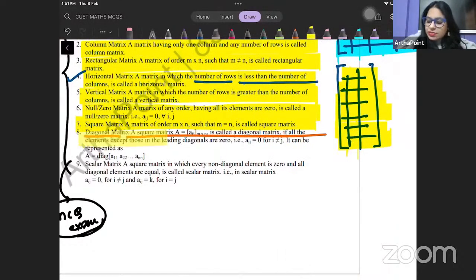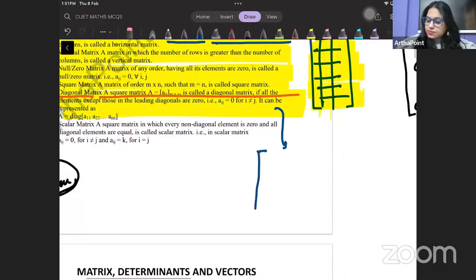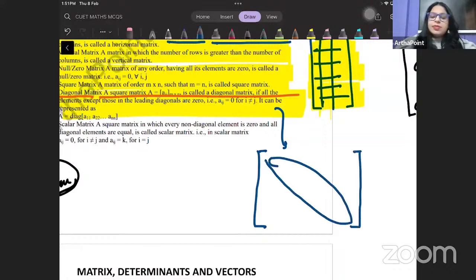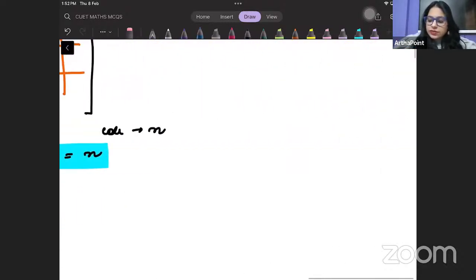A diagonal matrix is any matrix in which the leading diagonal elements are non-zero. So what we are saying is that except these leading diagonal elements, everything else is zero. Here also zero, zero, zero, zero, zero, zero. Everything else is zero. There is another way to represent this.